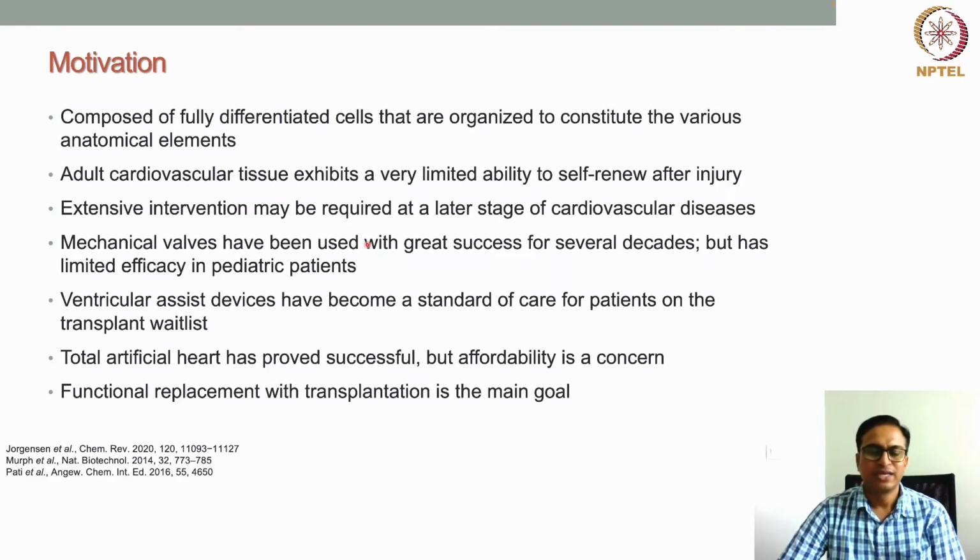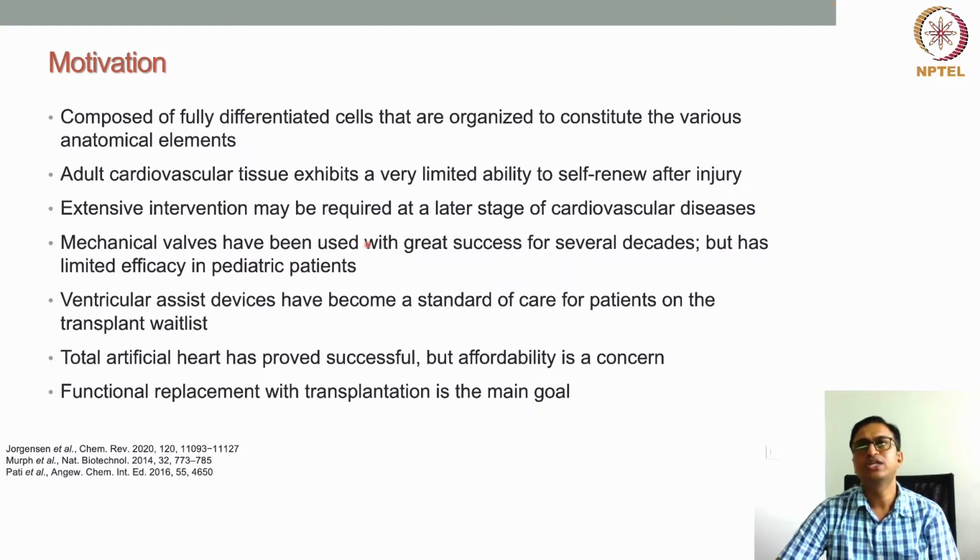So some intervention is required from outside, and extensive intervention may be required at the later stage of cardiovascular diseases where the heart does not self renew or heal by itself. We need to develop a strategy to provide supportive structures, probably a bioprinted heart muscle or a patch to support that injured tissue.